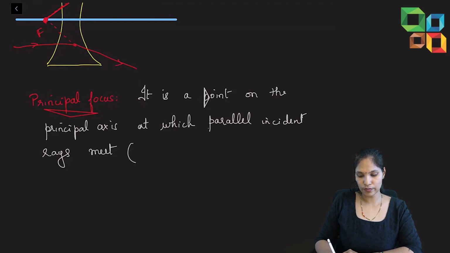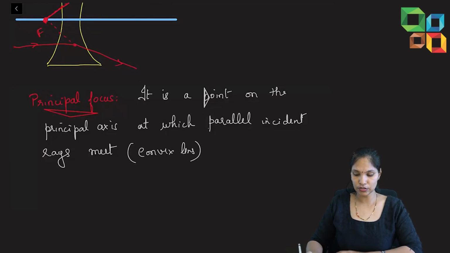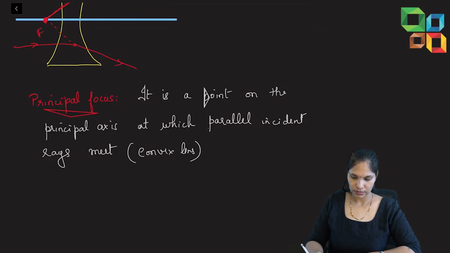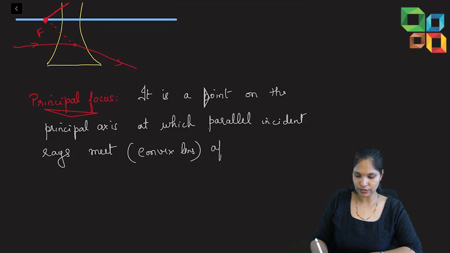That is in the case of convex lens. What about concave? They appear to meet at the point after refraction.